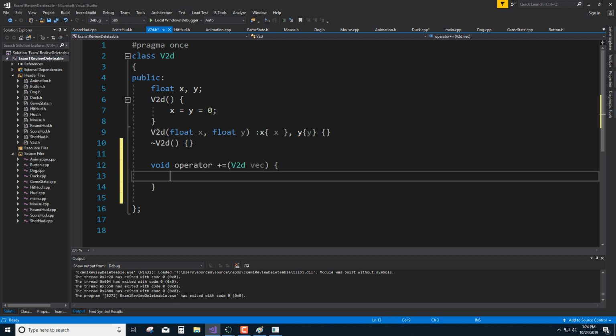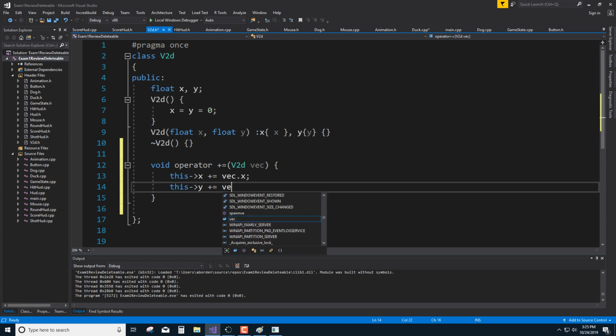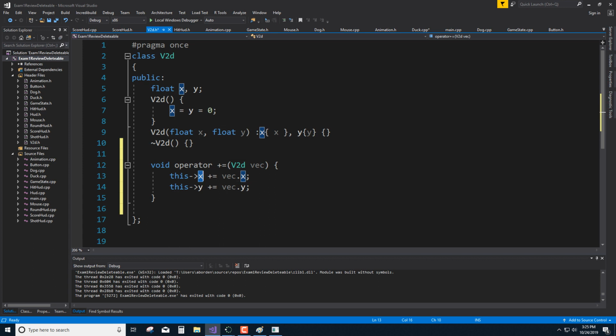And then this x plus equals vec.x, and this y plus equals vec.y. That will add the vector on the right to the existing values of the current vector.